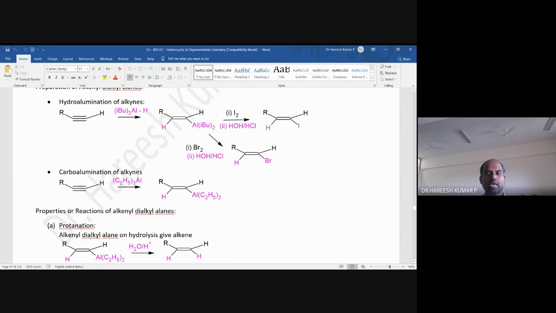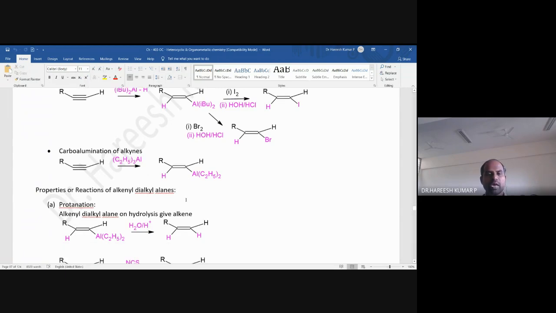The ethyl group will add to this carbon, and the alumina group will add to this carbon. So in this structure, you need to change this hydrogen to an ethyl group. Then only can we say it is carboalumination.